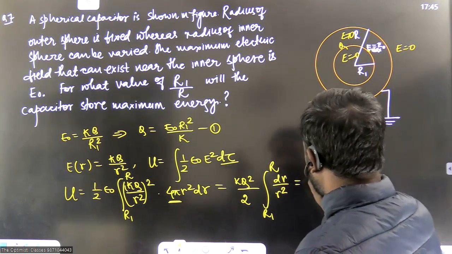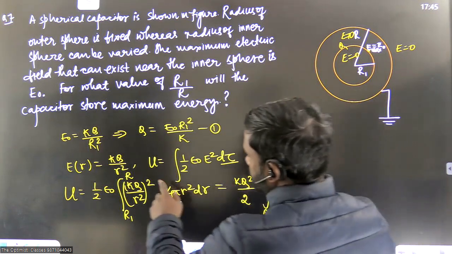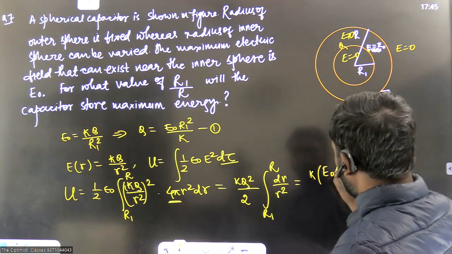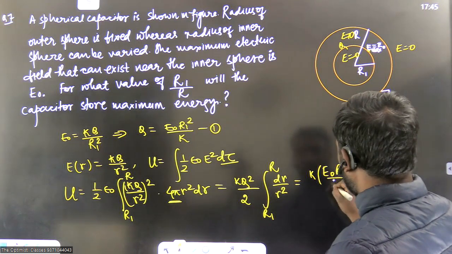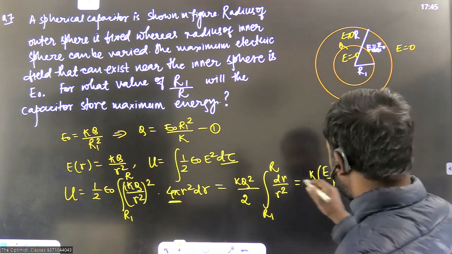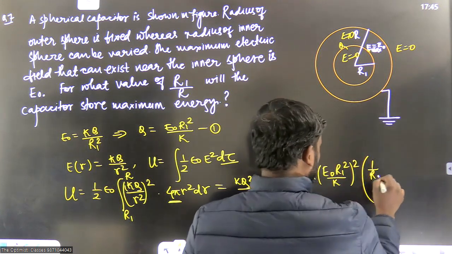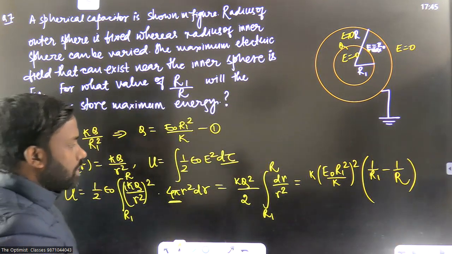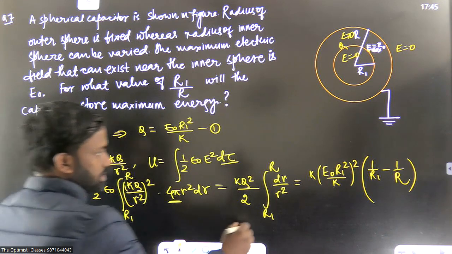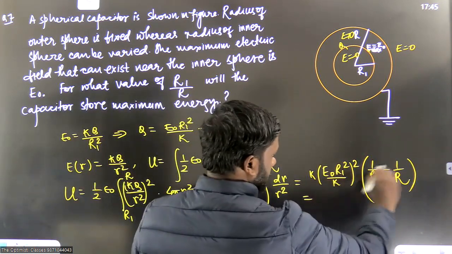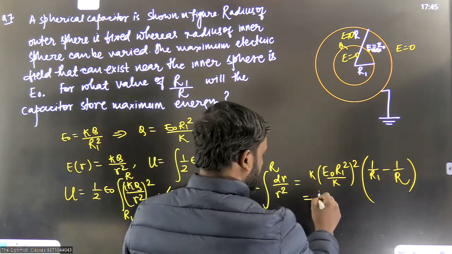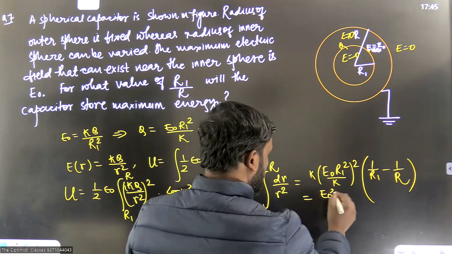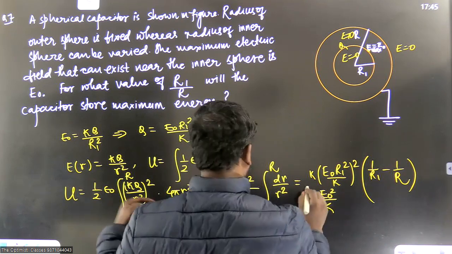Now k and Q we had calculated here. Q is this much, so we'll write E naught r1 square, divided by k, whole square. This integration gives us 1 by r1 minus 1 by r. So now the energy we have calculated, let's multiply by R1 power 4 this side. 1k cancels out, so you get E naught square divided by k, and there was a factor of 2 also here.